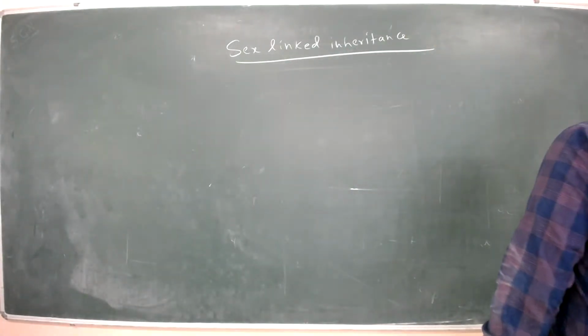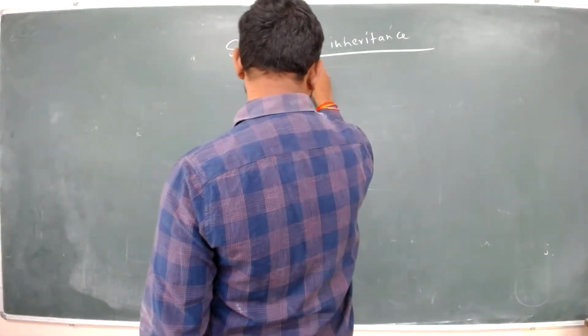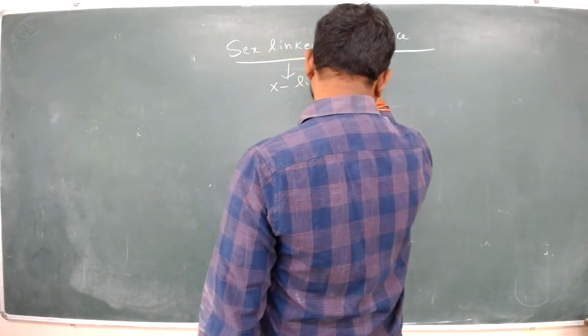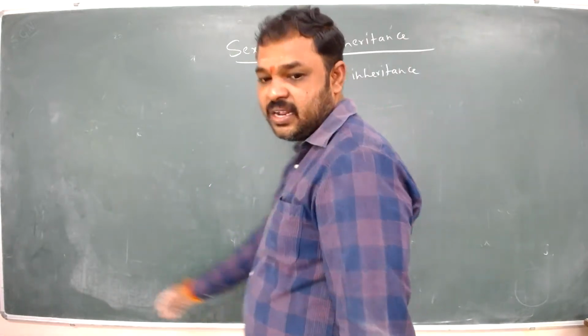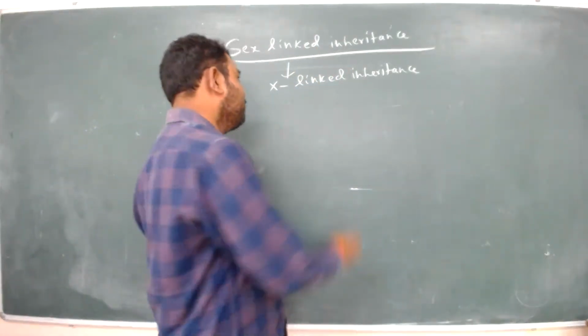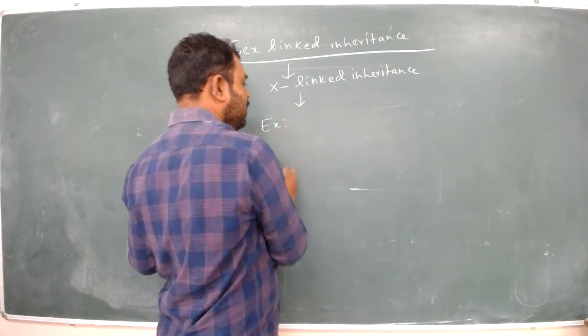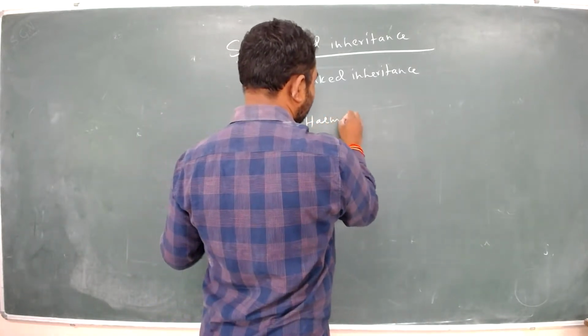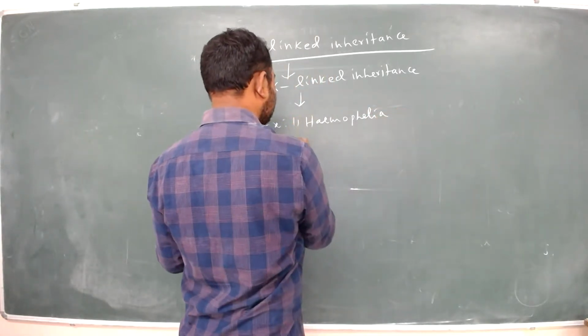In X-linked inheritance, the examples are hemophilia and color blindness.